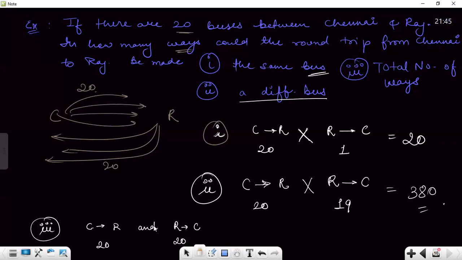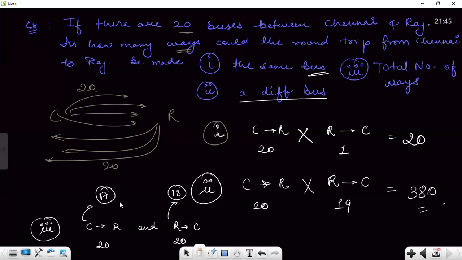Now, as these two events are happening one after the other, one event is going to affect the other. If we see it collectively, let's say we have chosen bus number 17 for the arrival to Rajasthan, and now we are choosing another bus, 18.